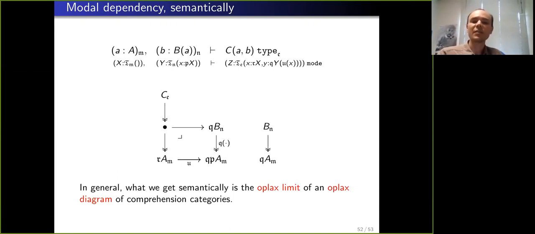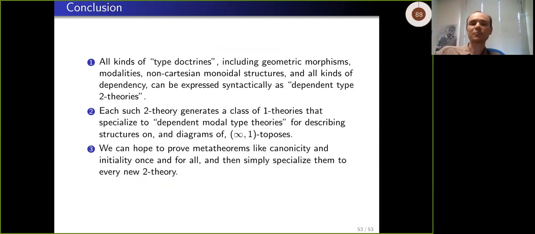We have something B depending on A through Q, through P. There's a typo here. We apply Q to it, and then we pull that back along U, and then C depends on that. Semantically, this generates what's called an oplax limit of an oplax diagram, if you know what that means.